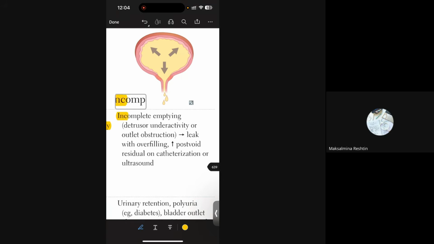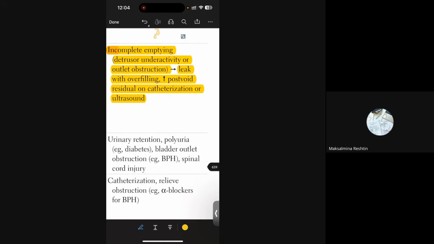Incomplete emptying: leak with overfilling, increased post-void residual on catheterization or ultrasound, and its cause can be diabetes.